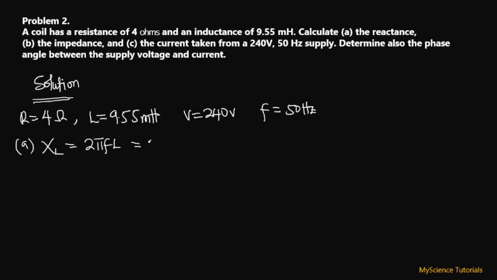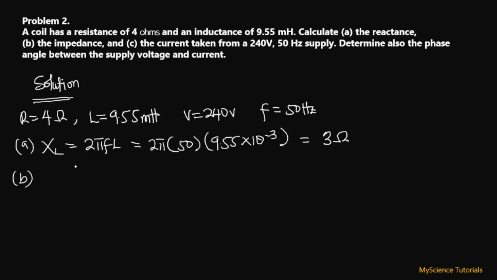So this is equal to 2 pi, our frequency is 50 hertz, and our L, the inductance, is 9.55 times 10 raised to the power -3. If we compute everything over here in our calculator, we are going to get 3 ohms as our answer for the reactance.